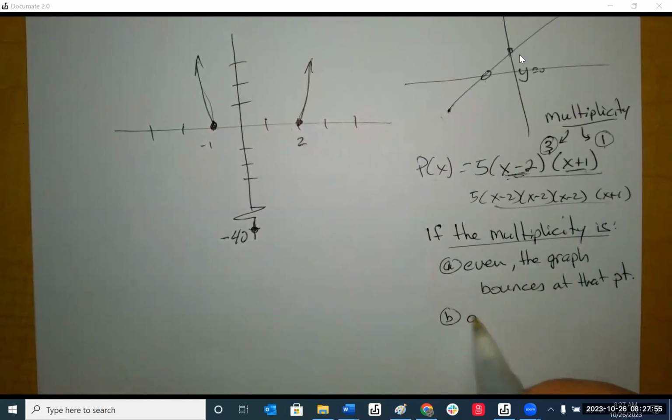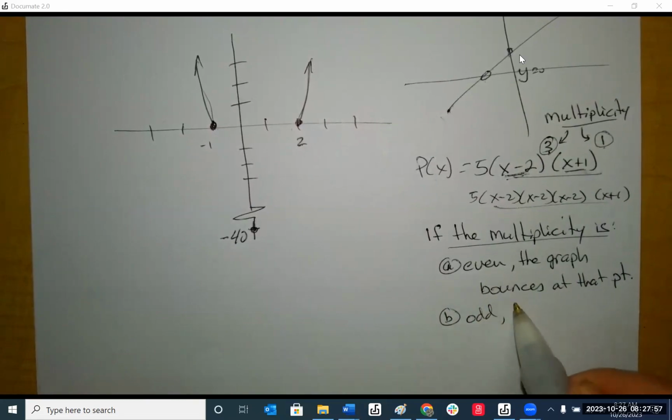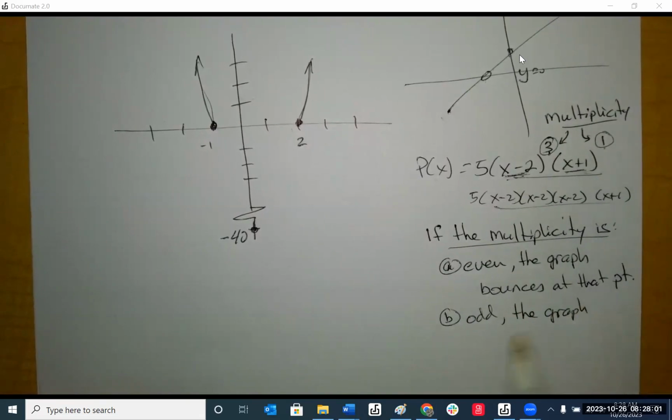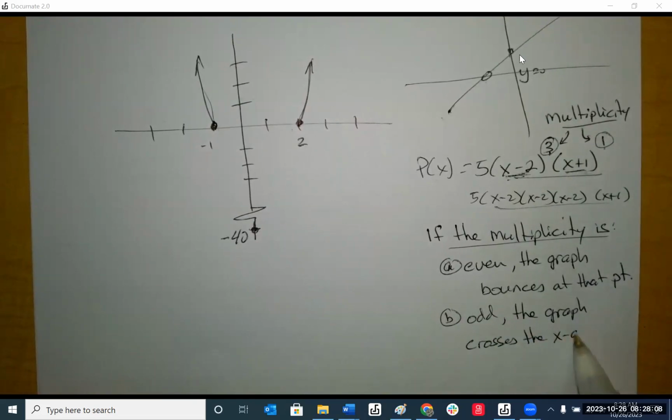If the multiplicity is odd, the graph crosses the x-axis at that point.